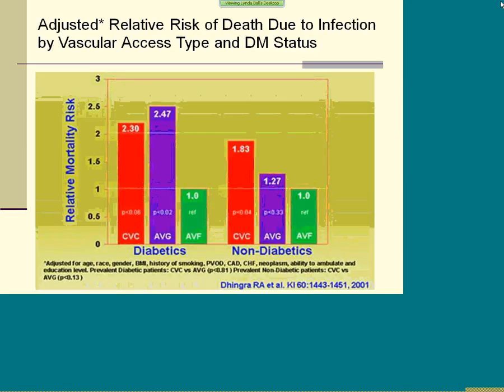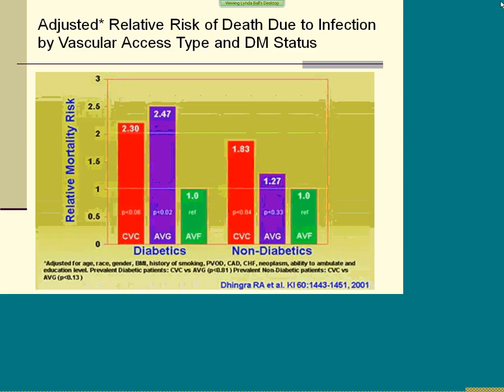Even when we look at the non-diabetics, there's still a 16% for catheters, 12% relative risk of dying from that access type. But you can see the difference, a 12% versus a 64%. That's a pretty extreme difference between the two types.